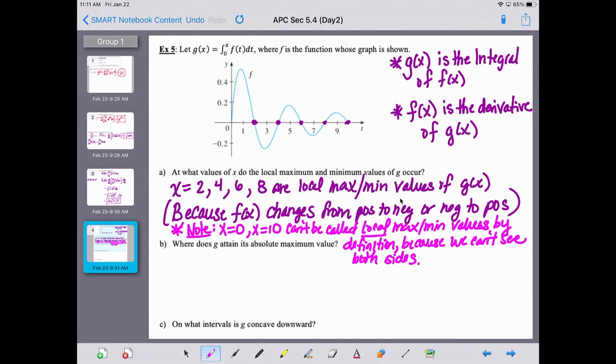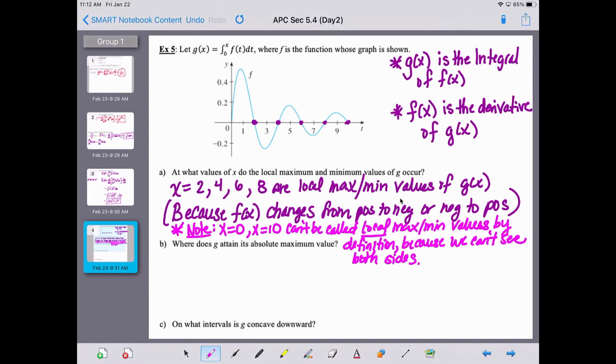Okay? So the next question is, where does g attain its absolute maximum value? Okay, well, remember, g of x is the integral, or the area under the curve of the graph that we are looking at. So the question is, where would the area under the curve be the greatest? Well, if you look at it, keeping in mind that any area above the curve is positive and any area below the curve is negative.